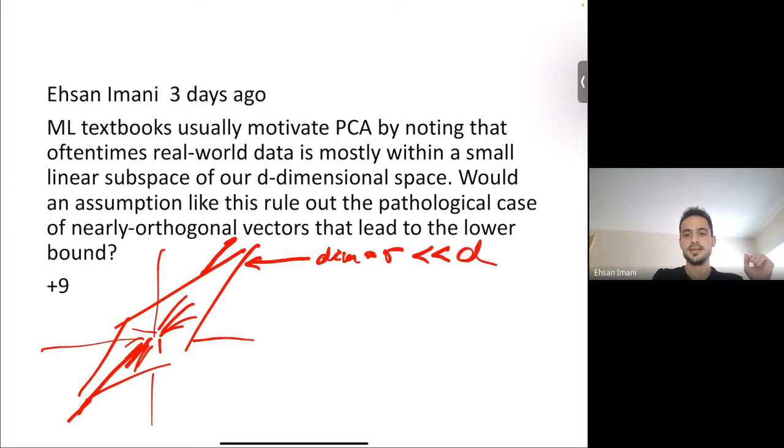And that means these vectors are going to be restricted within that small subspace. And so the lower bound we would have eventually would not be as bad as just using d itself as the dimensionality. So this is what I was thinking.